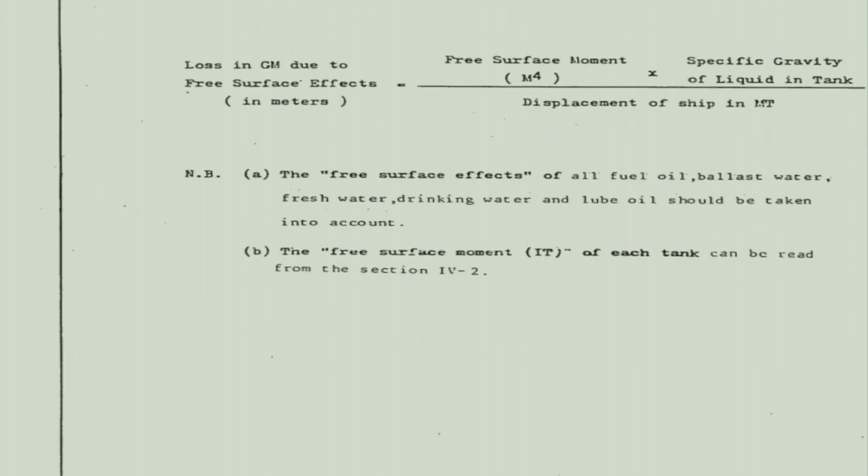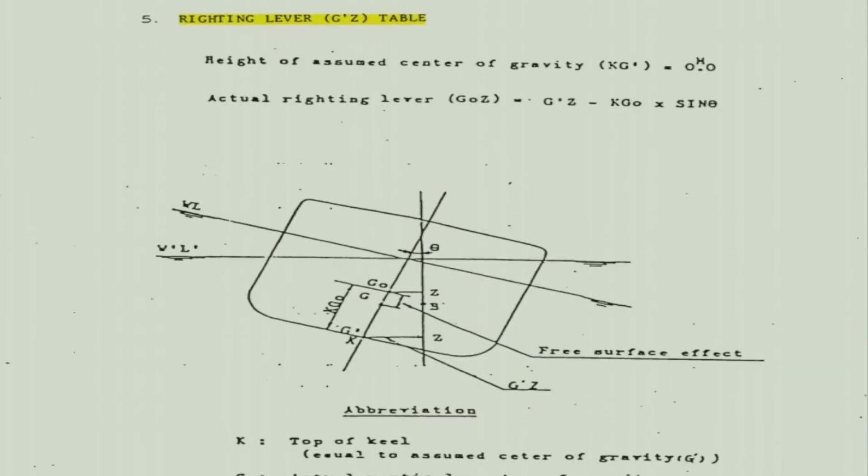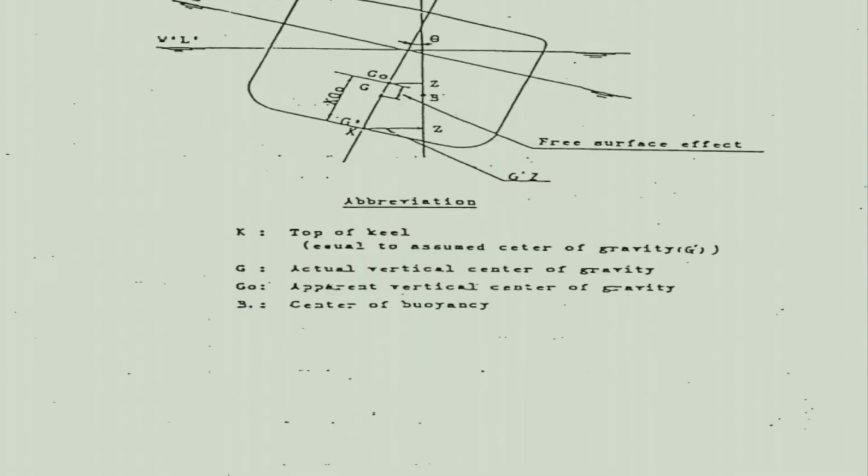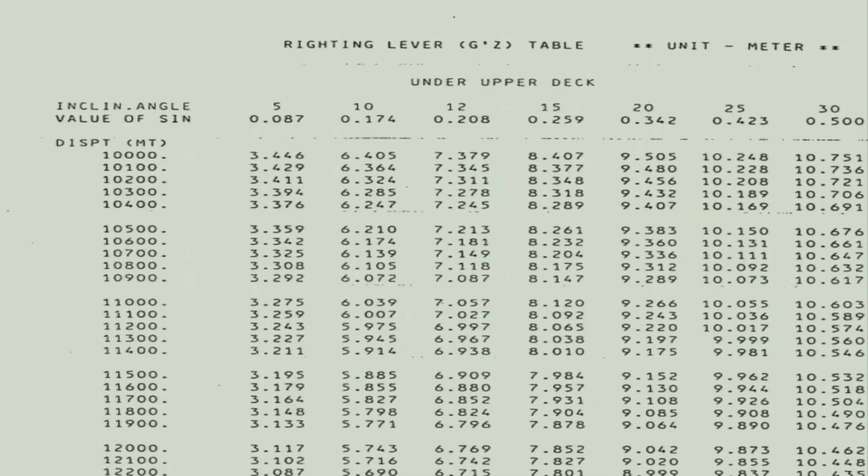Here, the last section we have in our grain stability booklet, righting lever using table. Also here, by displacement, we can get the value of GZ. Here we have heel angles from 5 degrees up to 30 degrees.